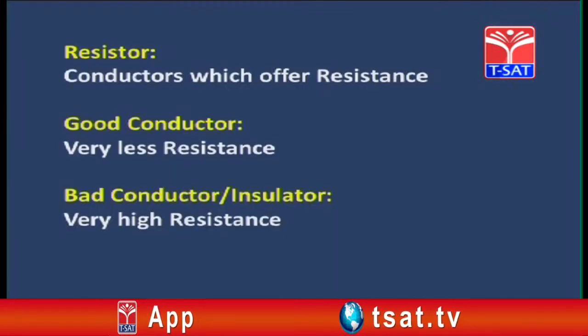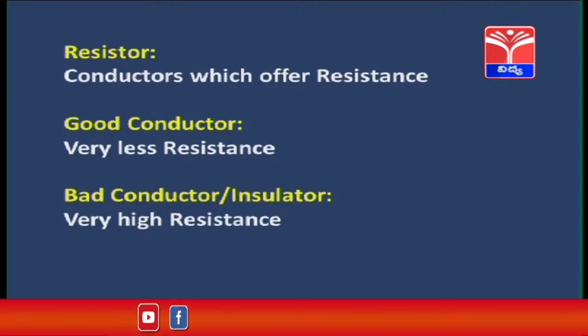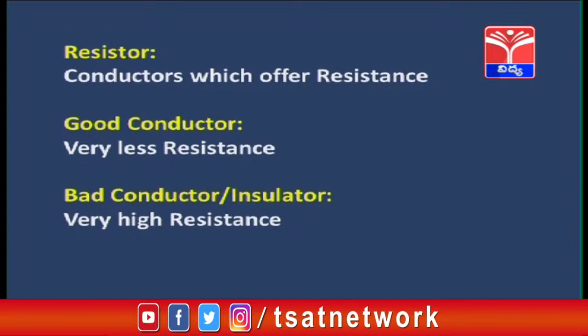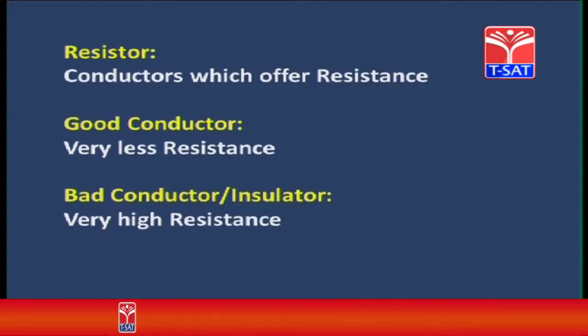Resistors are conductors which offer resistance. If the conductors have very less resistance, we say they are very good conductors. If the conductors have very high resistance, we call them as bad conductors or insulators.